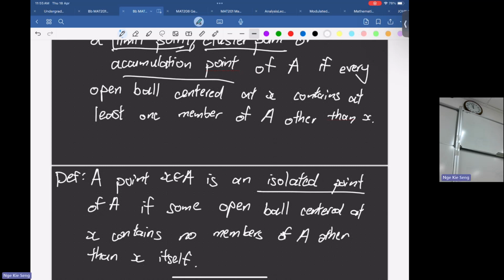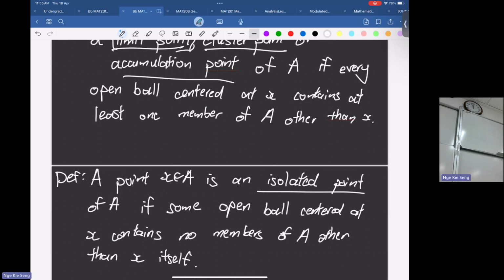You can build a sequence that converges to this limit point using this. I think you are talking about a slightly different thing: from ball to sequence, versus from sequence to ball.